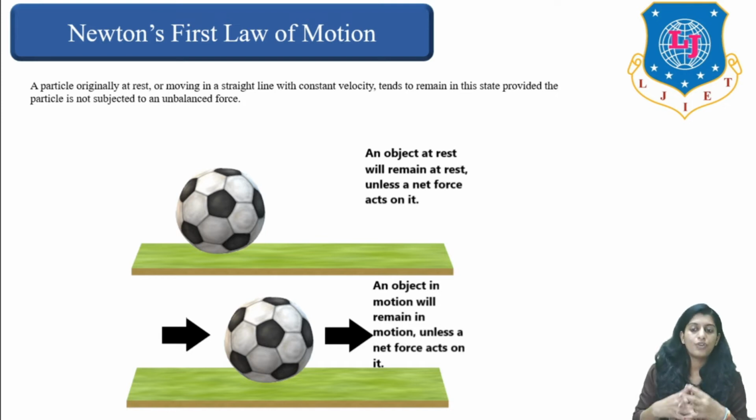So according to Newton's first law of motion, a particle which is originally at rest or moving in a straight line with constant velocity, if it is at rest or if it is moving in a straight line with constant velocity, it will tend to remain in the same state, whether it is at rest or moving in a straight line, until and unless the particle is subjected to any unbalanced forces.